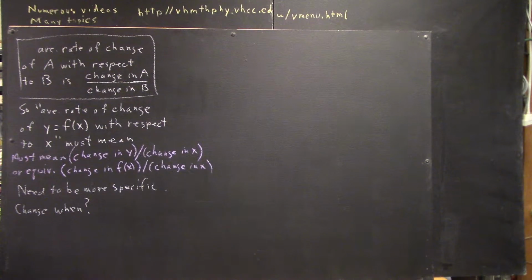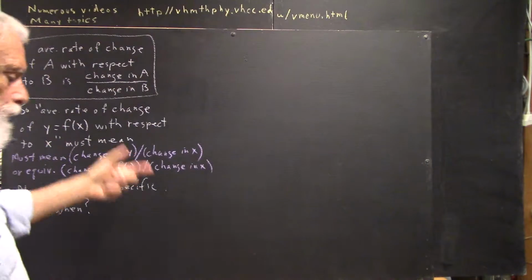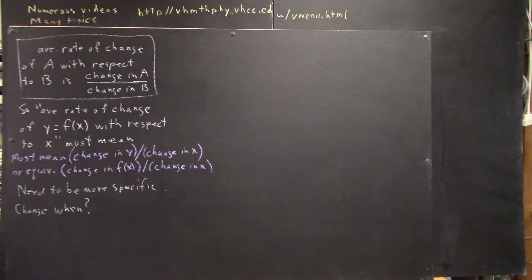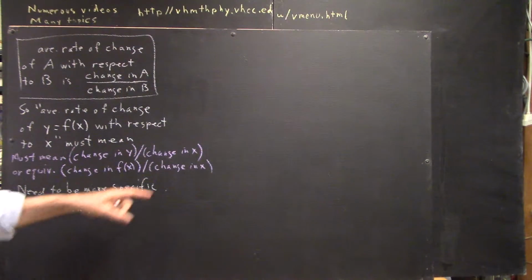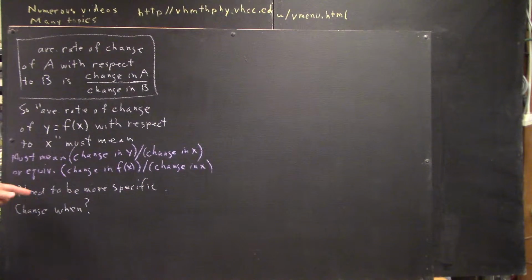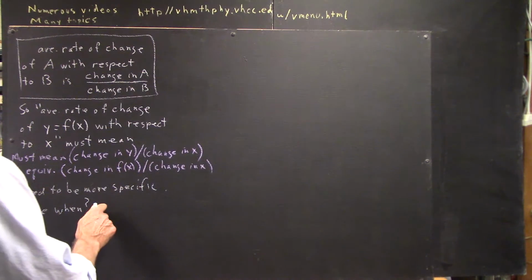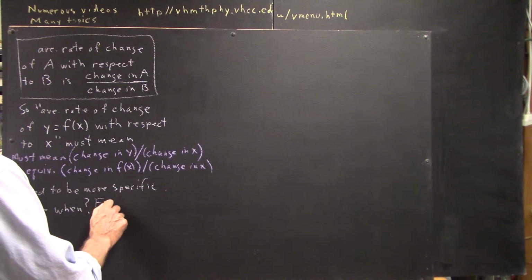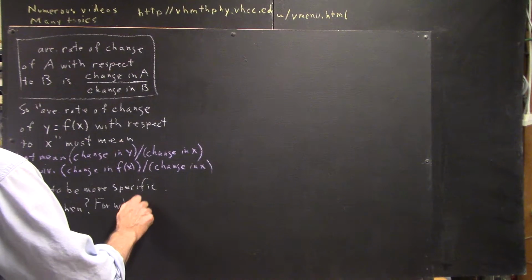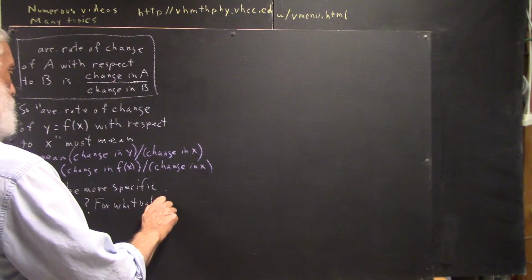Okay? Now that's okay, but just x can change all kinds of ways. What do we mean exactly by the change in x? So we need to be more specific, and I'll say change when, or for what values of x.